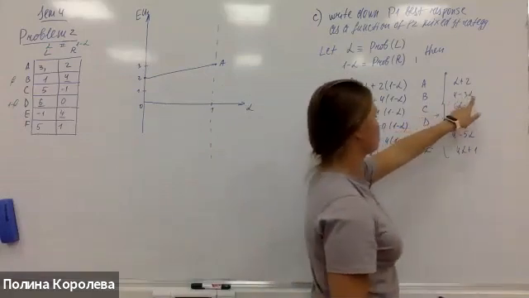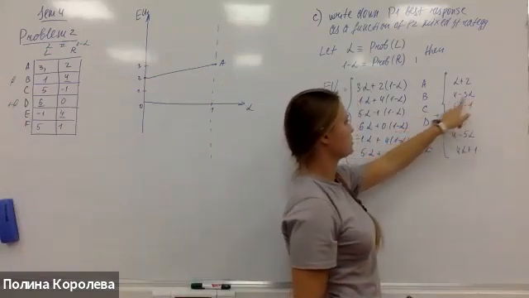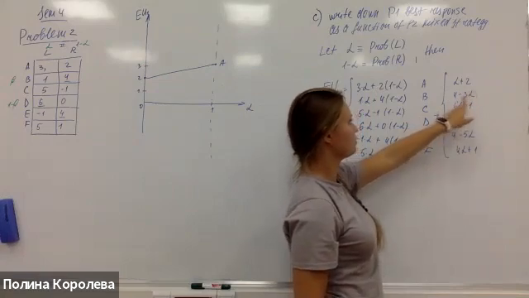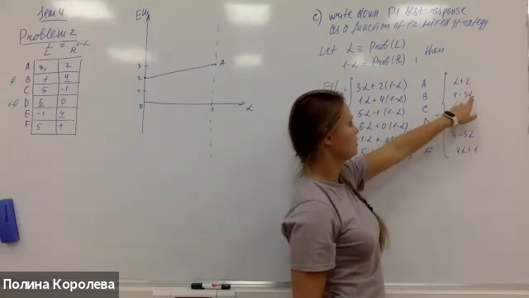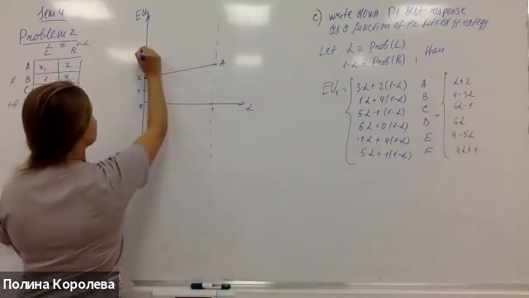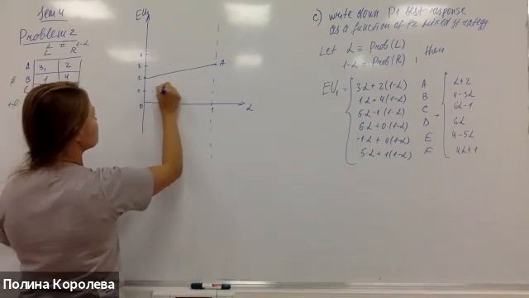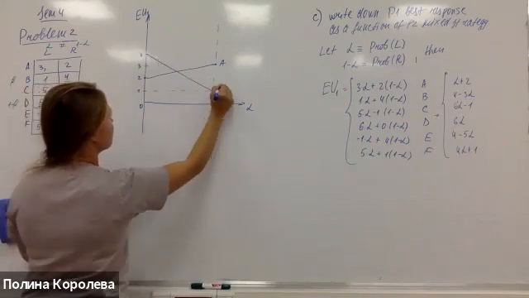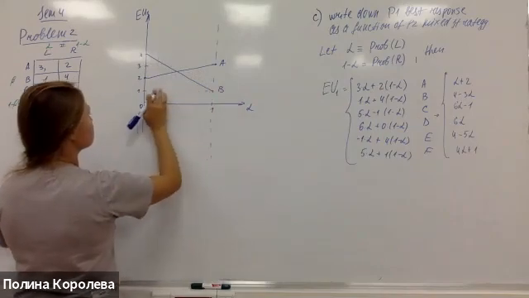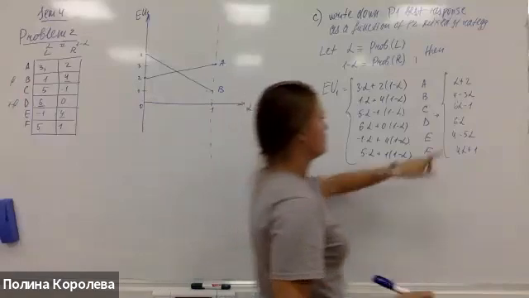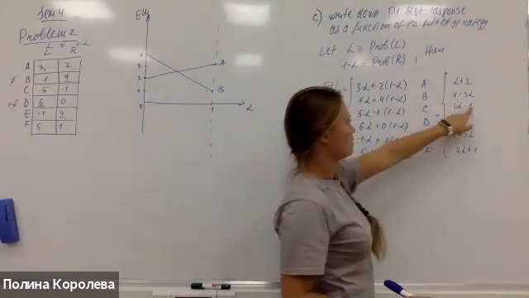Next, 4 minus 3 alpha: if alpha is equal to 0, it is 4. If 1, it is 1. From 4 to 1. This is for B. Next, C. If alpha is equal to 0, it is minus 1.